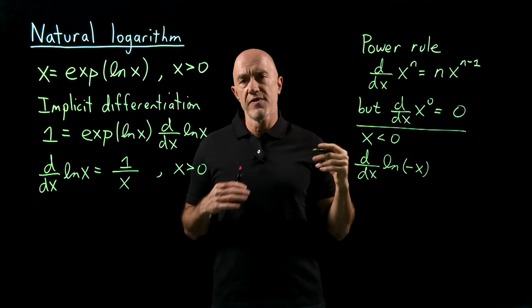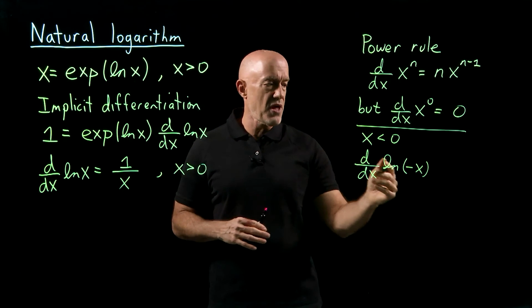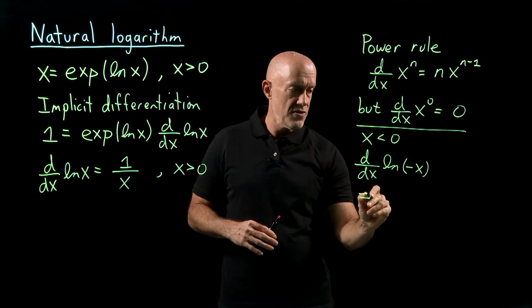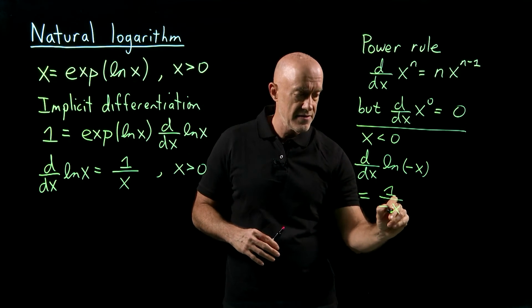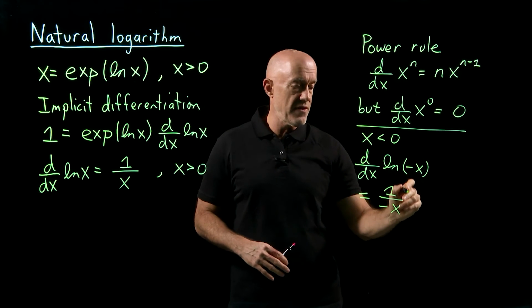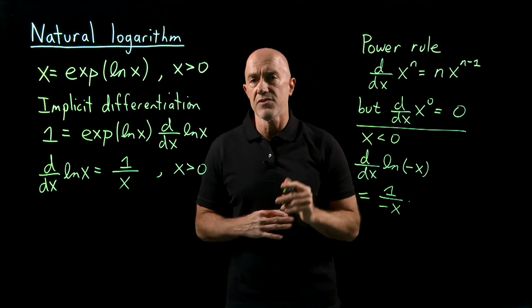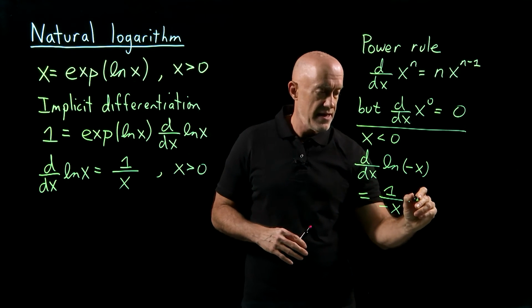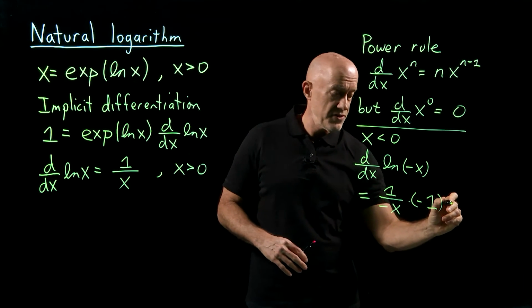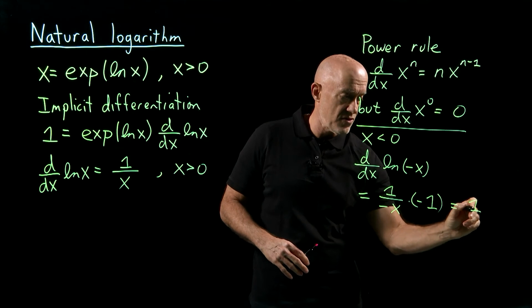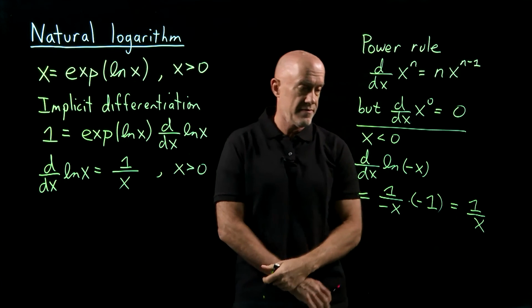We know what the derivative of log is now, and we can apply the chain rule here. So this is equal to 1 divided by negative x, times the derivative of the inside, which is the derivative of minus x, which is negative 1. So putting this together, this is again equal to 1 over x.